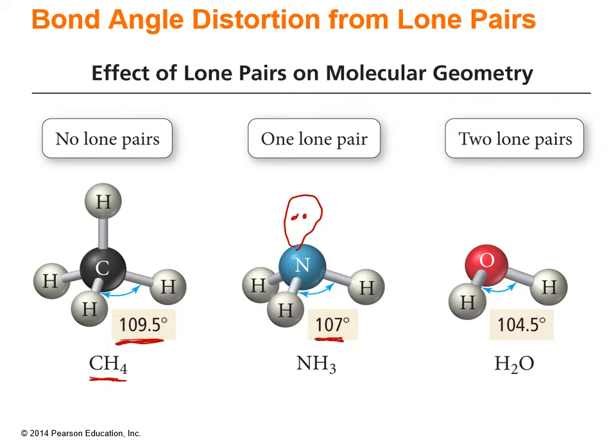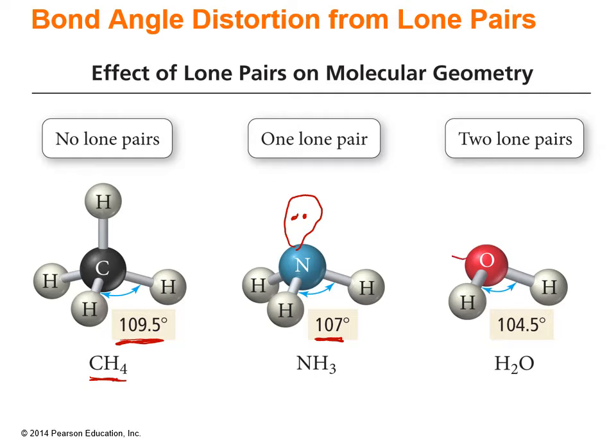And it makes our bond angle less than 109.5. You will not have to know the exact angle, but you should understand that when a lone pair is present, it makes the bond angle smaller than the ideal bond angle.